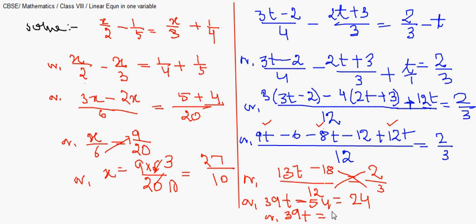So that's giving me 78. So t becomes 78 by 39. I think it's getting cancelled by 3. So 3 2s are 6 and 3 6s are 18, by 13. So the answer becomes t is 2.